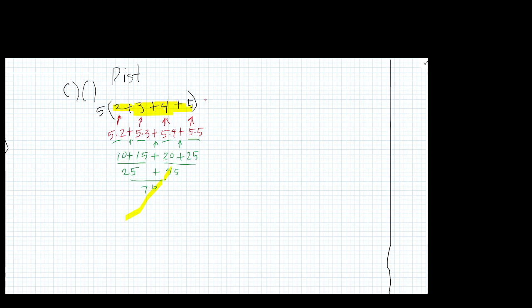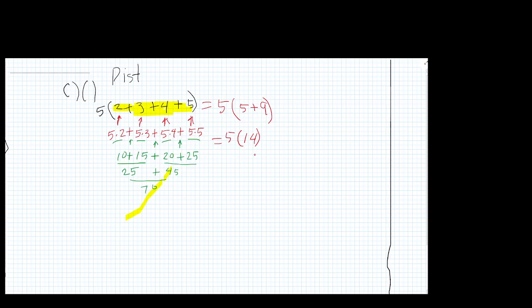For instance, if we do that, we would have the 5 outside, and then we add what's inside the parentheses. 2 plus 3 is 5, and 4 plus 5 is 9. And then we get 5 plus 9, so 5 times 14.